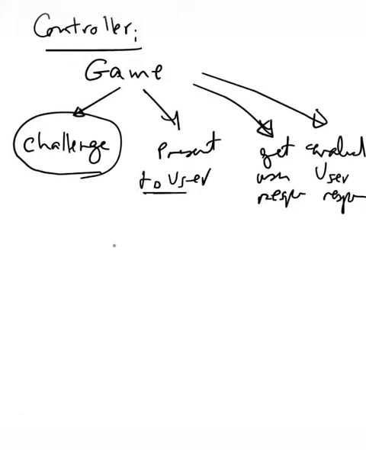In my case, in the model I just showed you, the user will click a button to respond, and the challenge is a note. So the user will hear a sound. That's the challenge, to recognize what this sound is. Then the way to present the challenge to the user, here is the sound. They're gonna hear a sound. Then to get the user response, we gonna give the user buttons.